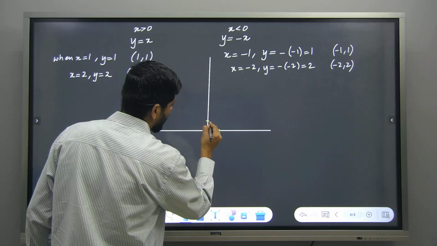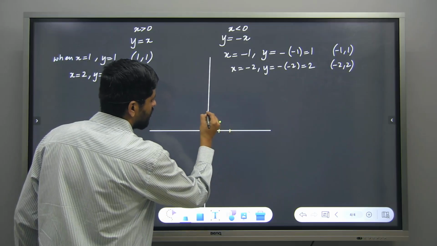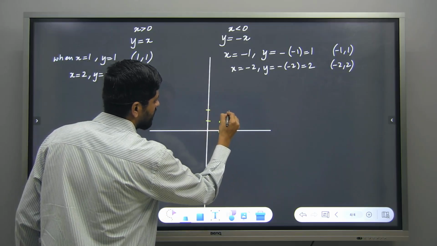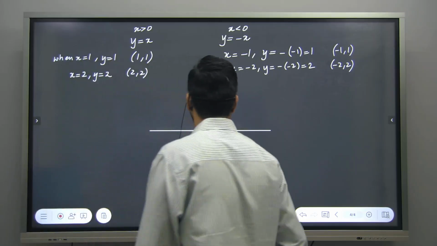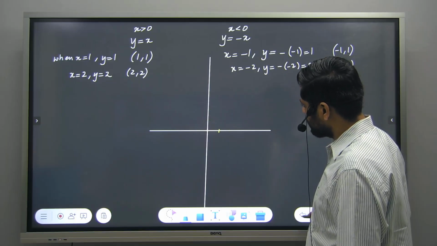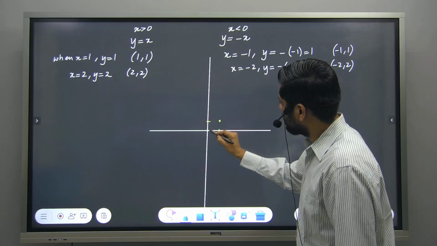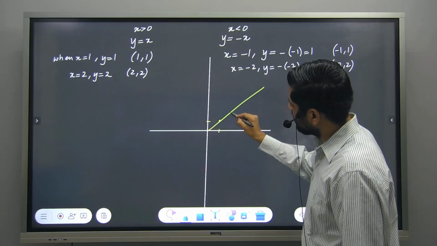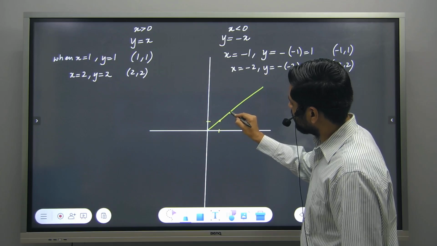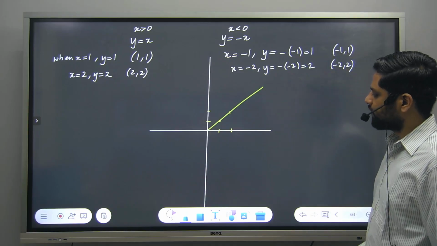Then 2, 2 somewhere here. If I draw a line here, let me make it a little more accurate. It's going to be a line like this. I think I've marked the points correctly.